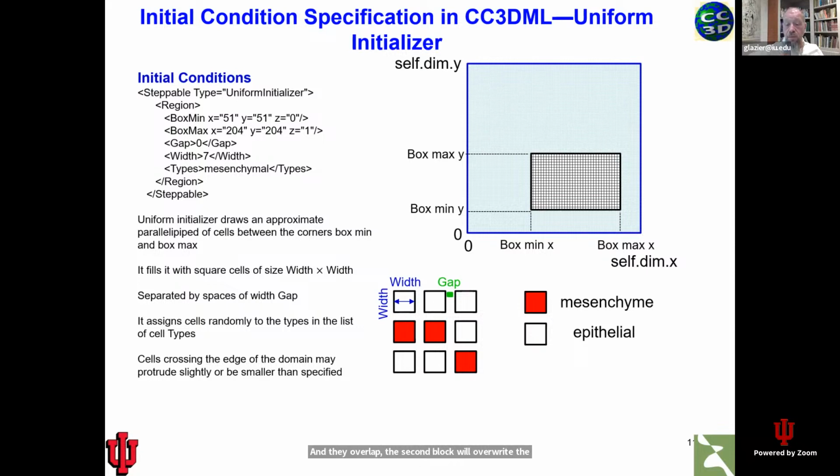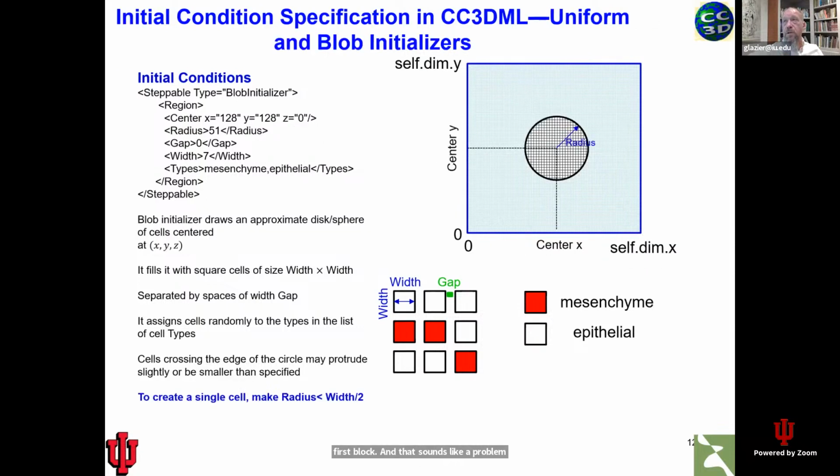And that sounds like a problem. But if you're going to use the uniform block, the Blob initializer, which draws a circle with squares in it, it actually can be very convenient, because if I want to make concentric elements with many different elements, I want to draw a circle of cells, another circle of cells of a different type, another circle of cells of a different type.